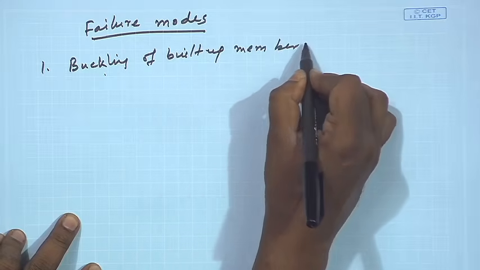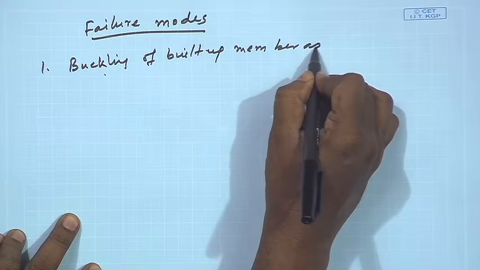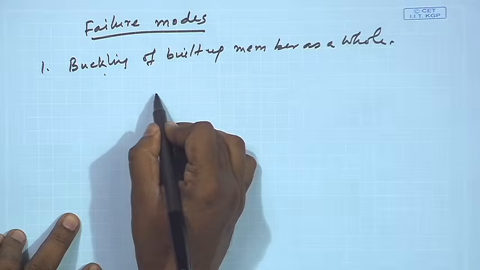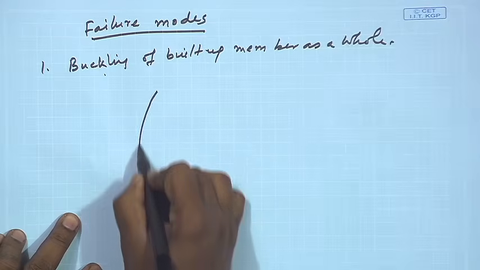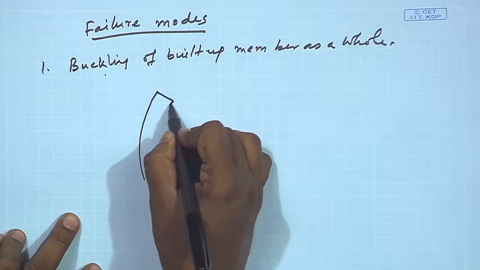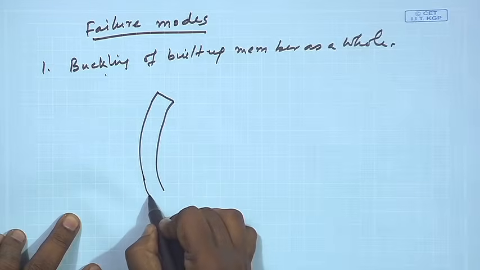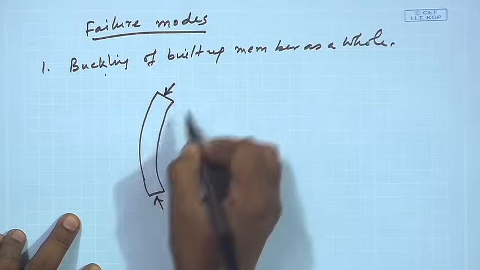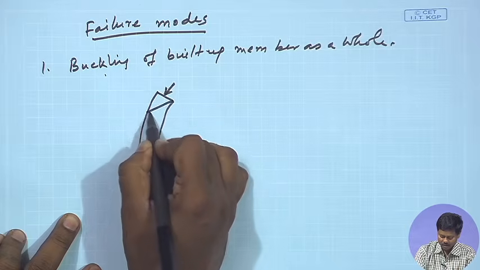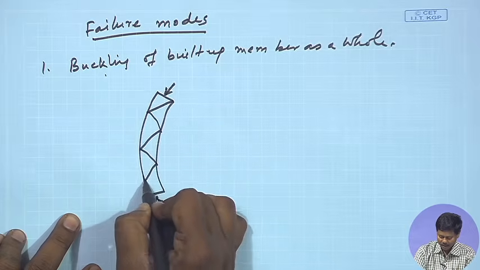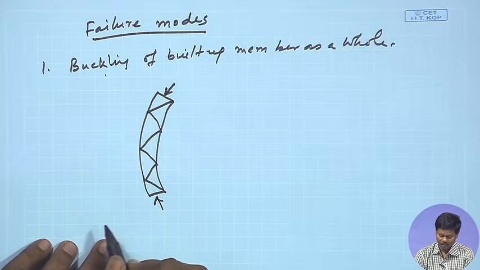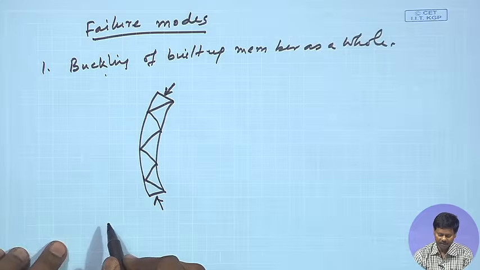That means if the column is very slender, then it may buckle like this. If the column is very slender and the axial load is much higher, then the buckling may happen in this way. So, this is one way it may fail.